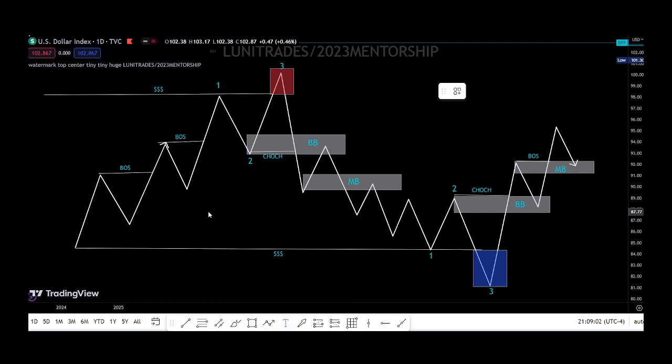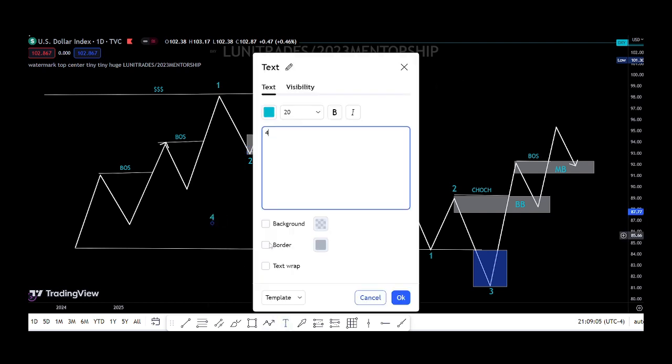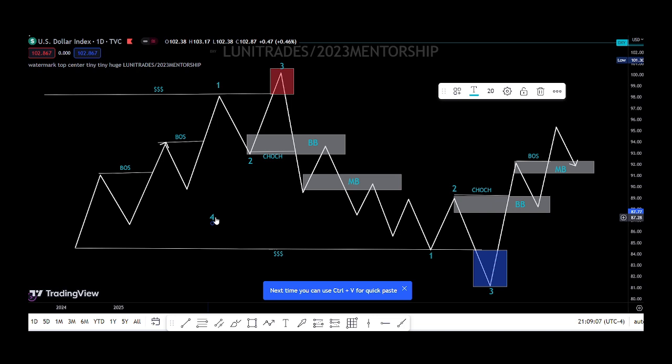It broke this low, which is when the change of character happened, which I will explain in the last session. After the change of character, breaking this leg, that's when you want to extend, right?